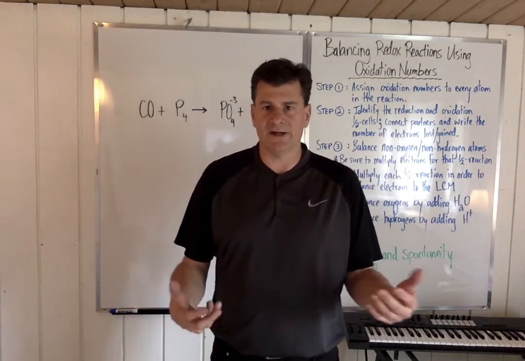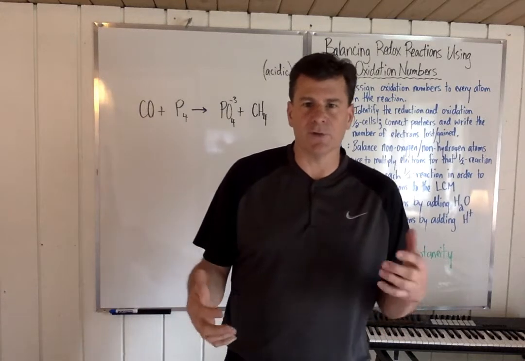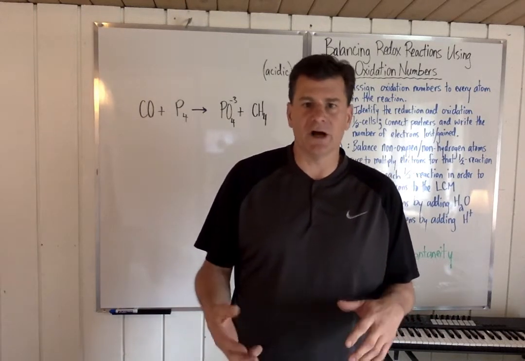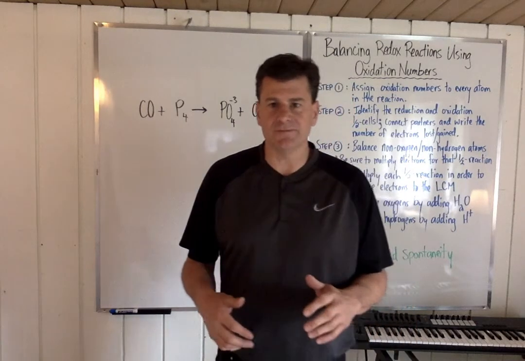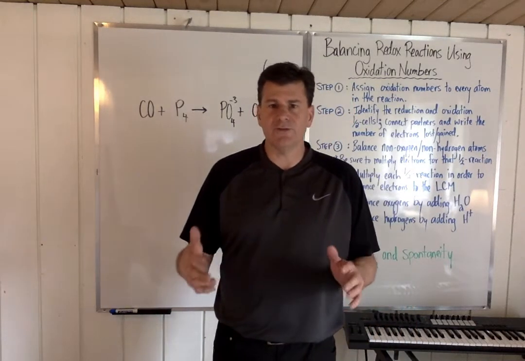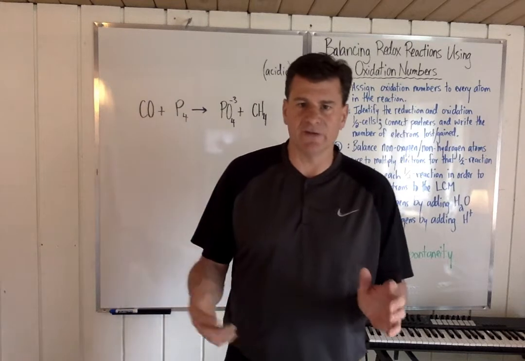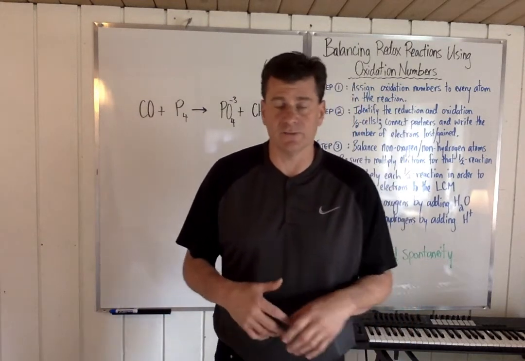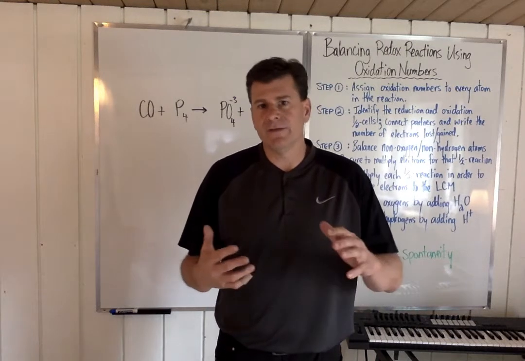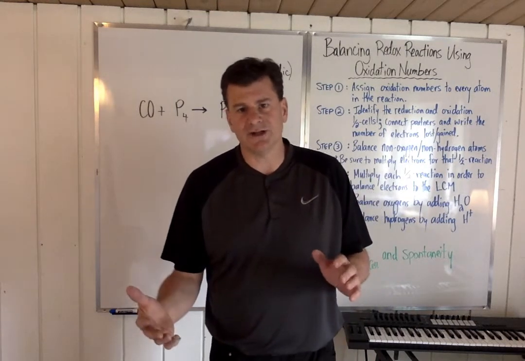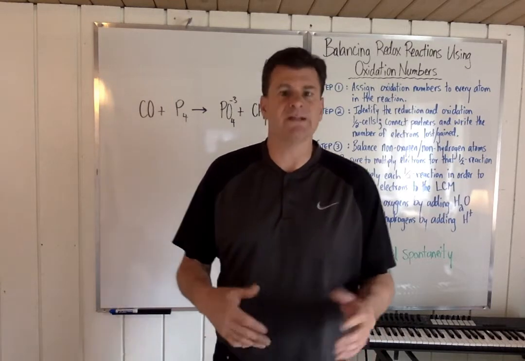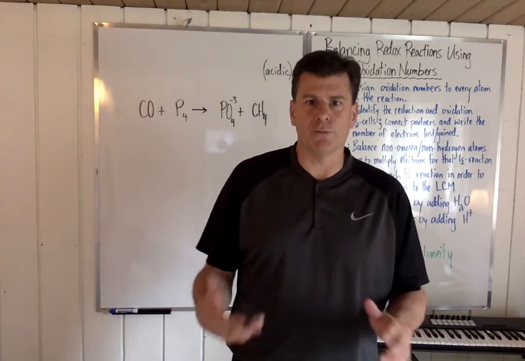Once you learn how to do it, and you get an understanding of what a redox reaction is, the two halves of the redox reaction, the reduction and the oxidation, and you understand that there's a transfer of electrons, and the transfer of electrons has to be equal between the oxidation and the reduction, using the oxidation numbers technique will be a little bit faster, especially if you get good at it.